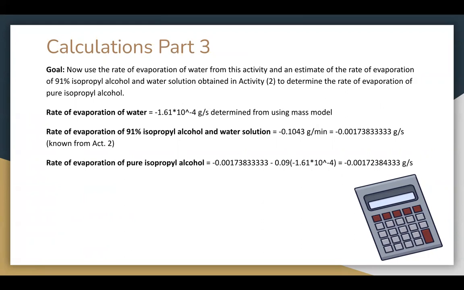We used the rate of evaporation of water and of the isopropyl alcohol solution, and multiplied the rate of evaporation of water by 0.09, which is 9% of the solution. We subtracted that from the isopropyl alcohol solution and received a value of 0.00172 grams per second as the rate of evaporation of pure isopropyl alcohol.